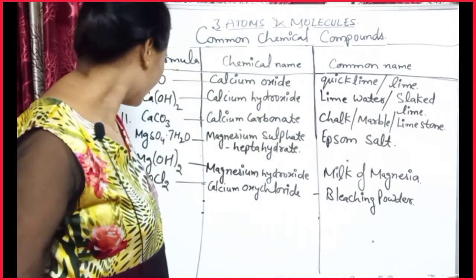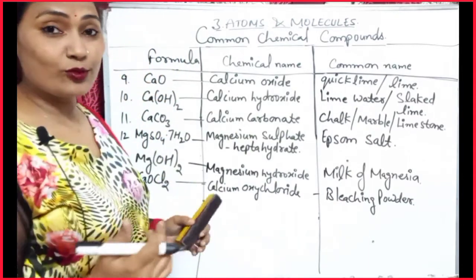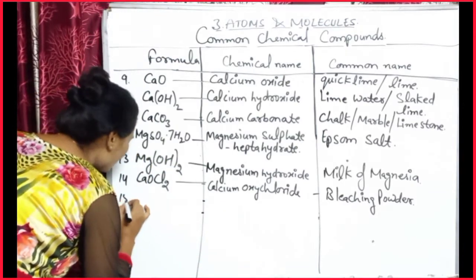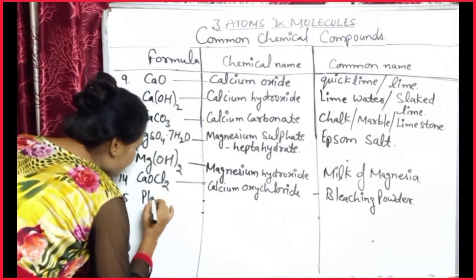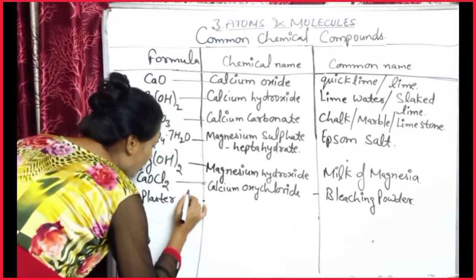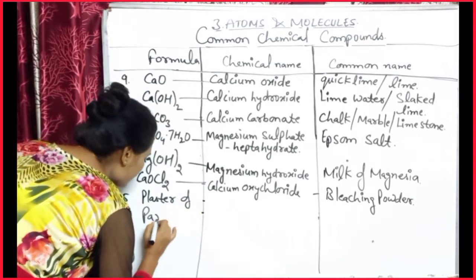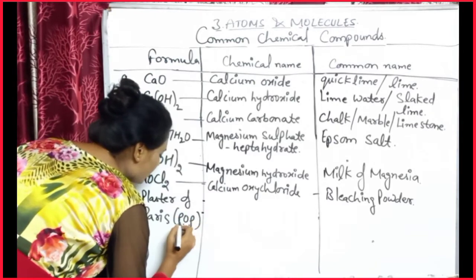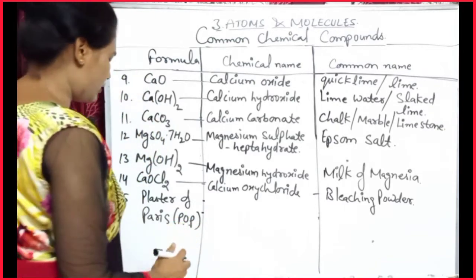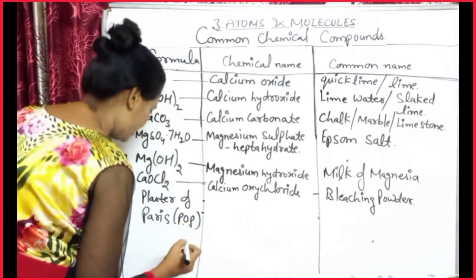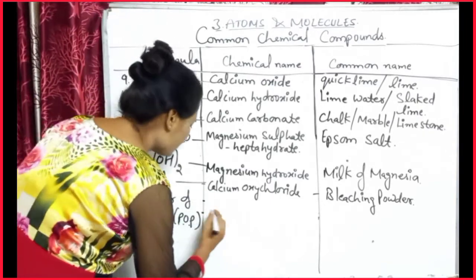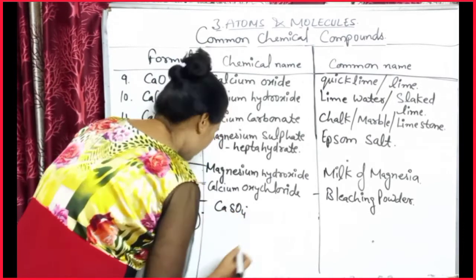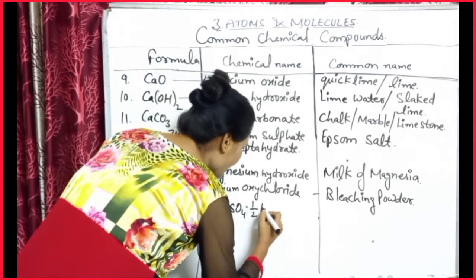Okay. Next calcium compound will be POP and gypsum. So plaster of Paris, that is known as POP. The formula of this compound is CaSO4 dot half H2O.